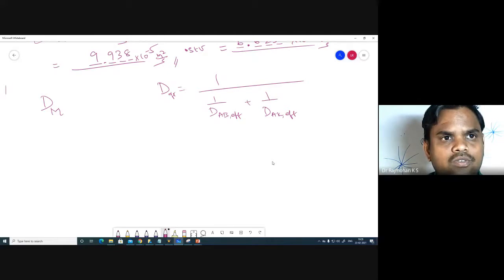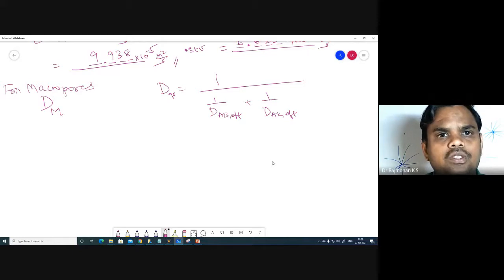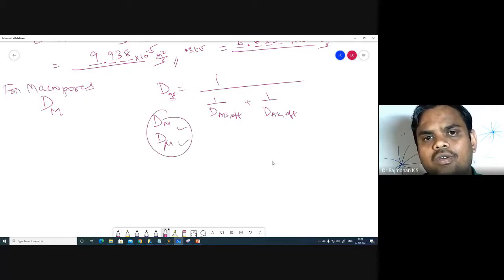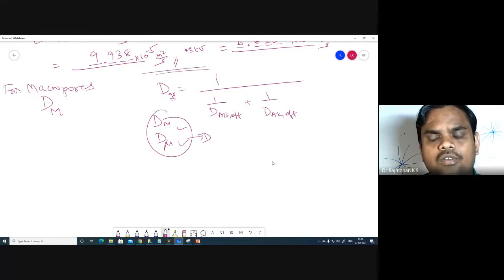For macropores we write the subscript M, and for micropores we will write D mu. So once we find these two, we can find out what is the overall D. That is the remaining step in this problem.